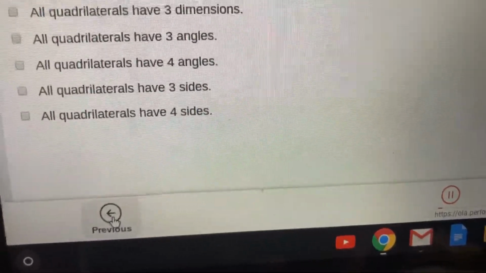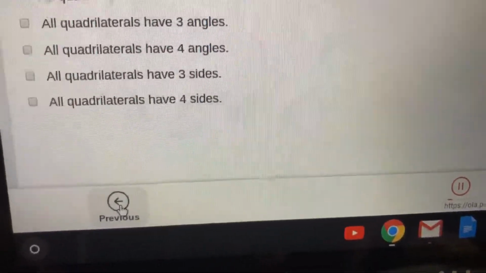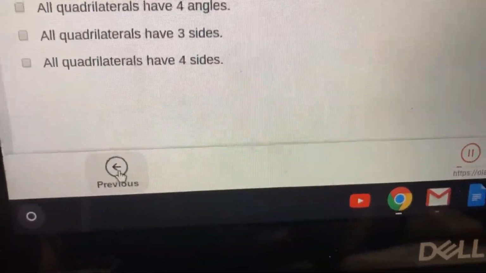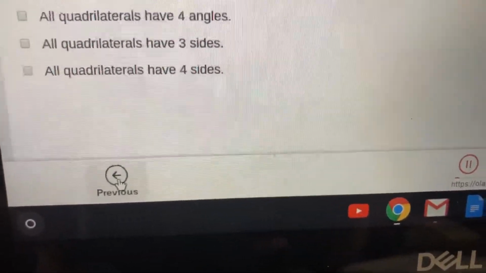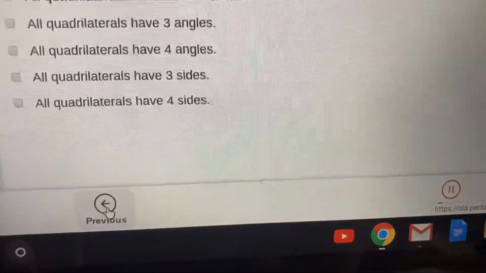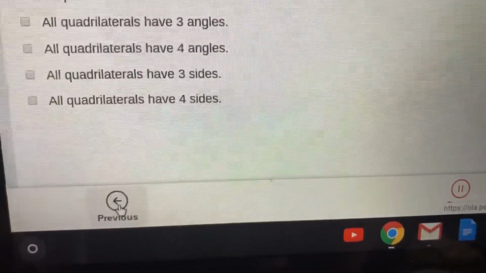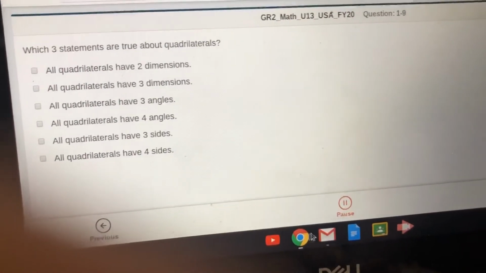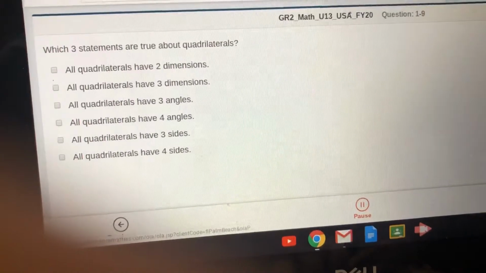All quadrilaterals have 4 angles. All quadrilaterals have 4 sides. Pick 2 answers that are correct. I know I'm a bit shaky holding it there. All right, let's look at the next question.